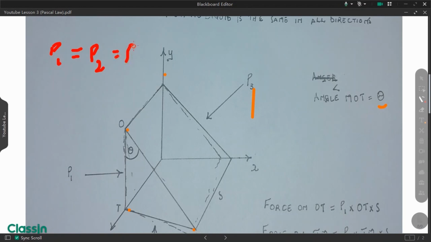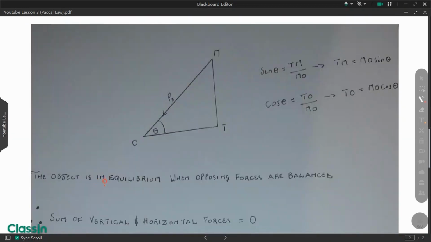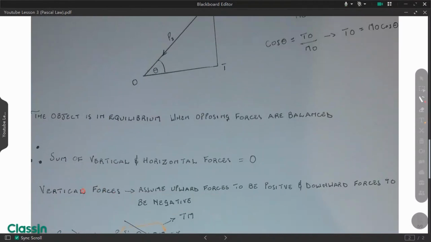That is what we want to prove, right? So let's go down a little bit. We know the object is in static equilibrium, the opposing forces are balanced. Therefore, that simply means the sum of vertical forces and horizontal forces equal to 0.